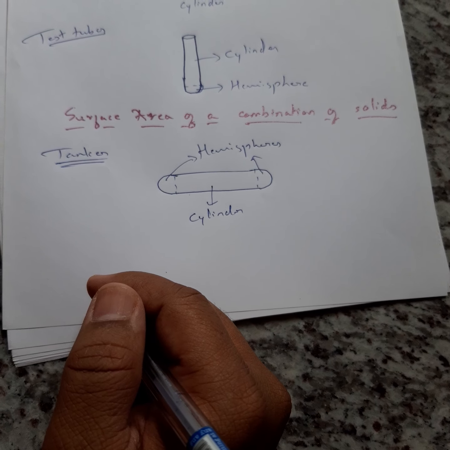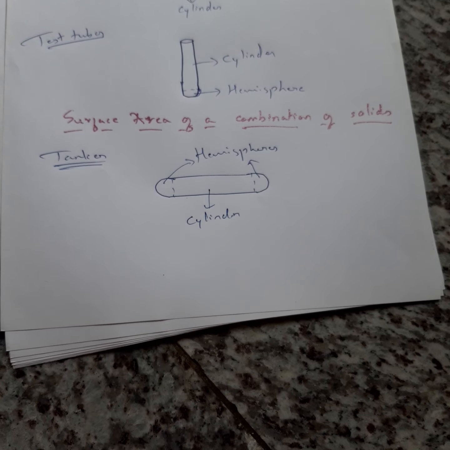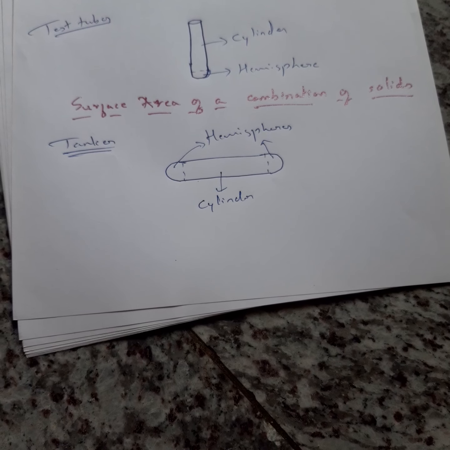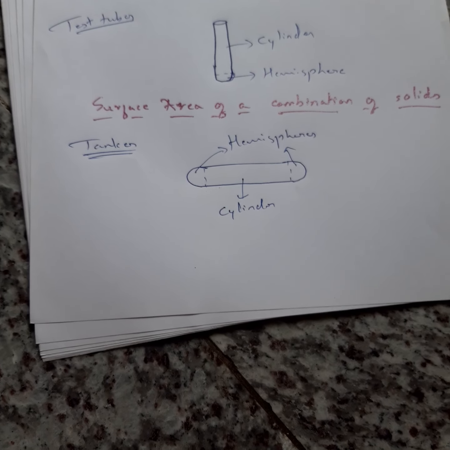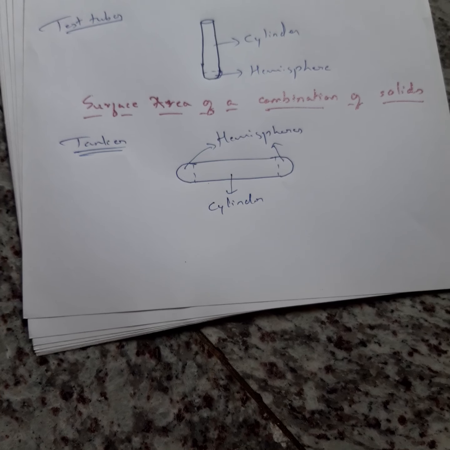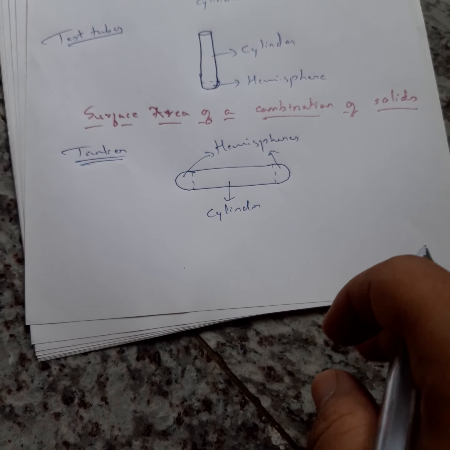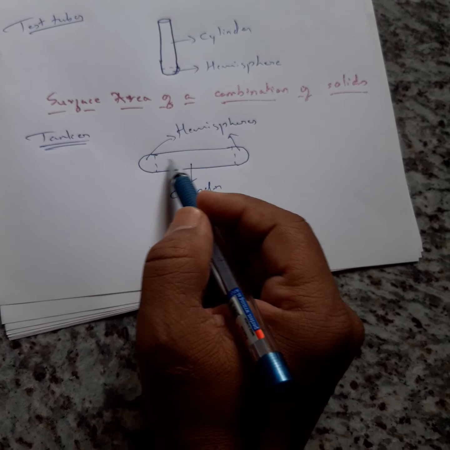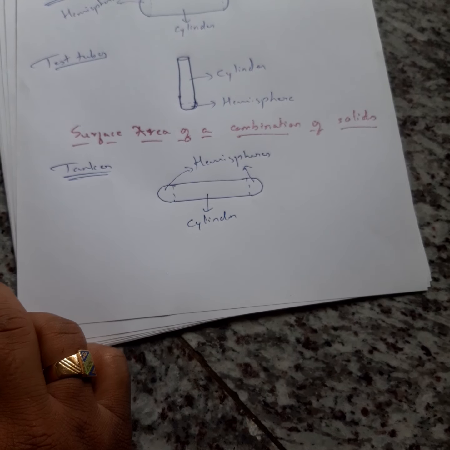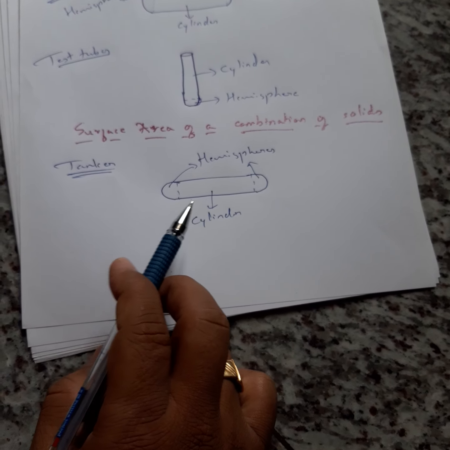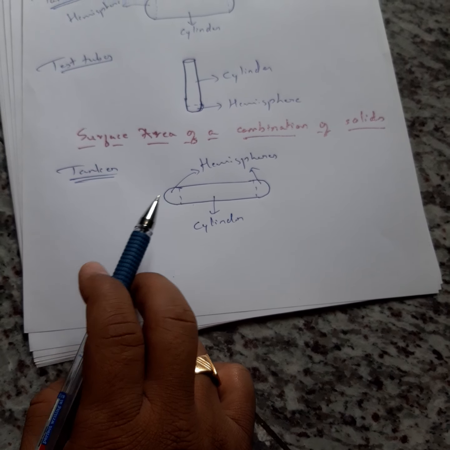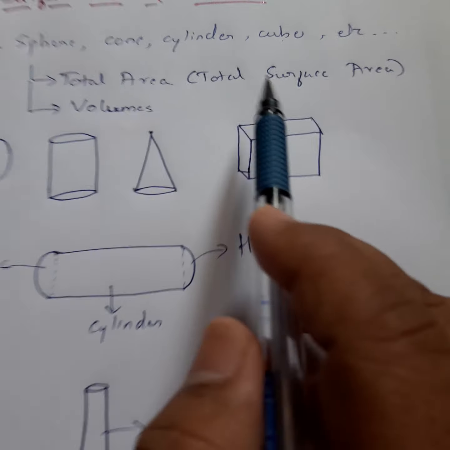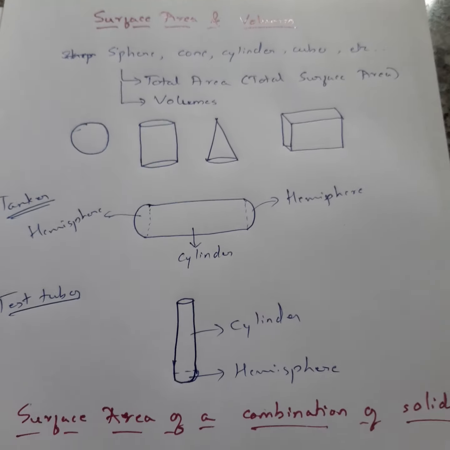Now I want to find out the total surface area of this solid. To find the total surface area of the solid, I need to find the surface area of these three. Now remember what you studied in the ninth standard, the total surface area of these solids.